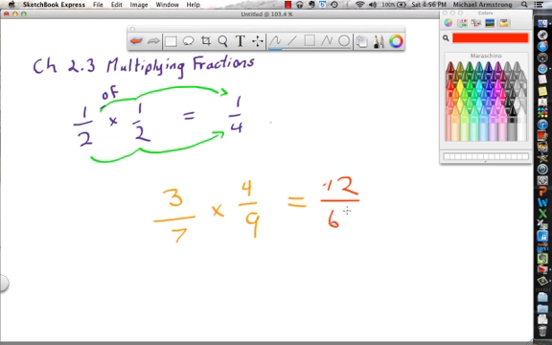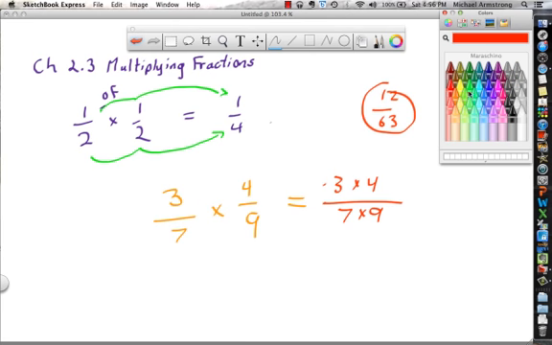I guess the way that they like you to do it is like this. 3 times 4 over 7 times 9. Okay. And it's 12/63. But that can be simplified. It's not super easy to simplify, but it can be, and it'd be better if we were to simplify it first.